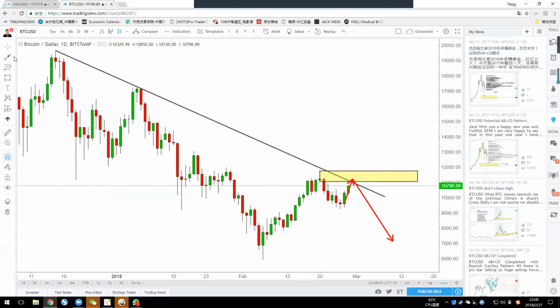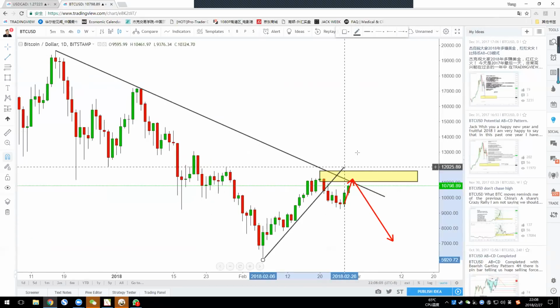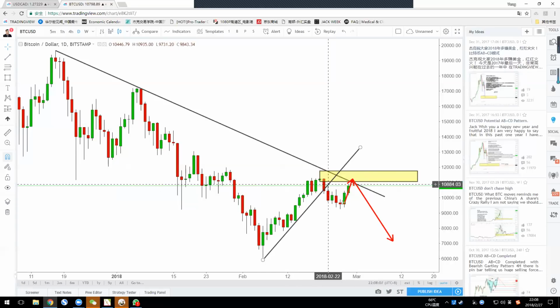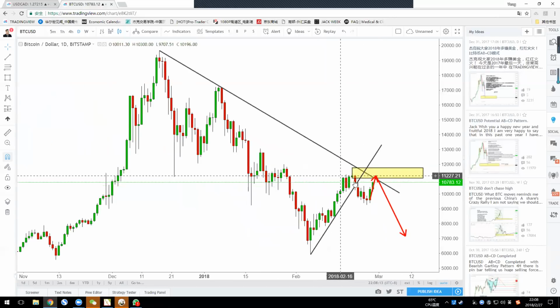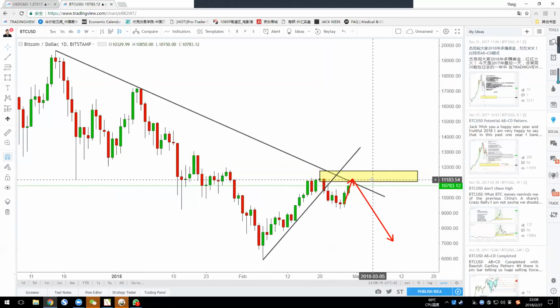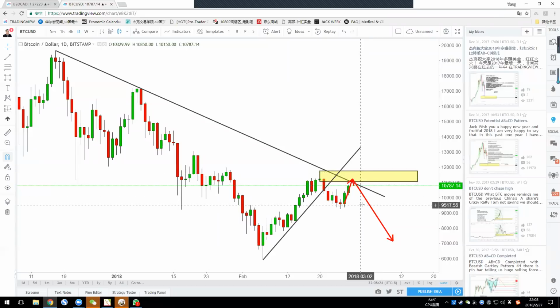The first channel is already broken down, which tells you BTC may have another fall. So watch closely this price level. If the price rejects from 11,000 and falls, you should sell.